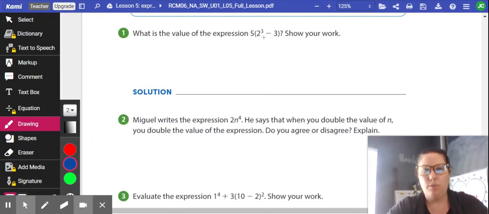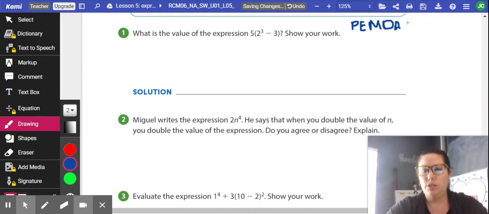And then we can't subtract first because, let me just write PEMDAS over here, we need to do our exponents first because exponents come before subtraction in our order of operations. So we're going to do the exponents first.